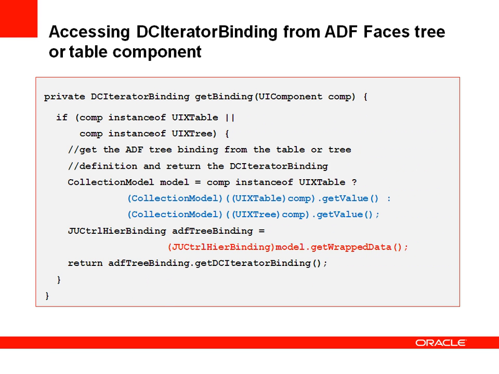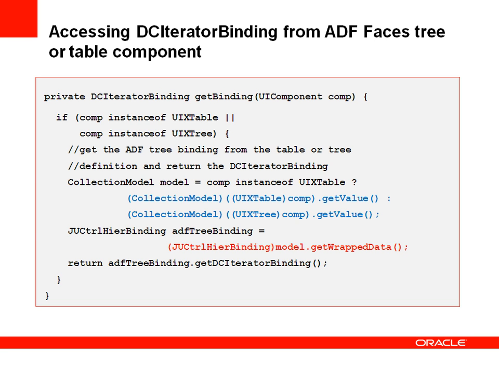Just to give you an example, this is a reusable class, and feel free to copy that in your own development. What it does is take a component and first look at whether this component is an ADF faces table or ADF tree. If it is, it gets an instance of that, checks whether the instance is a table or a tree, and gets the collection model.